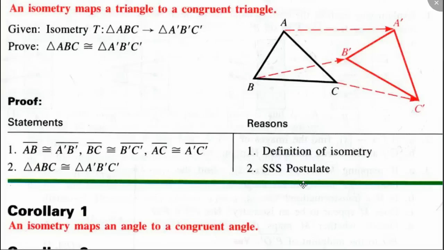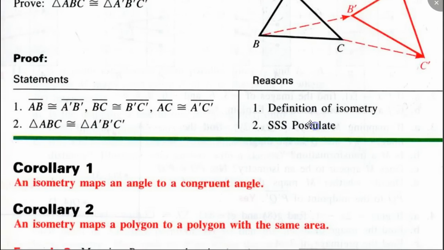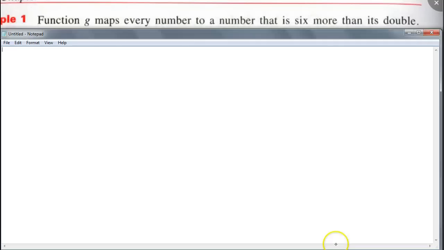It's going to be the same because, after all, polygons are made up of a bunch of triangles. And if these two triangles are congruent, what do you know about the area of the two congruent triangles? They're the same. So, an isometry maps a polygon to a polygon with the same area. That's what we learned.